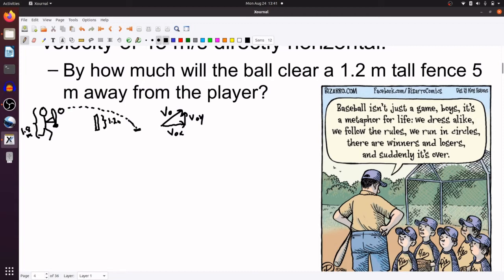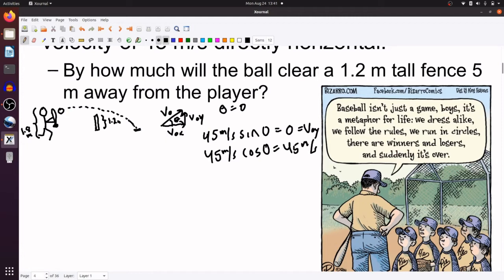In this case, this inner angle theta is 0, and so we would have 45 meters a second sine of 0 equals 0 for v naught y. And then 45 meters a second cosine of 0 is equal to 45 meters a second, because cosine of 0 is 1. All right, so we know our components.